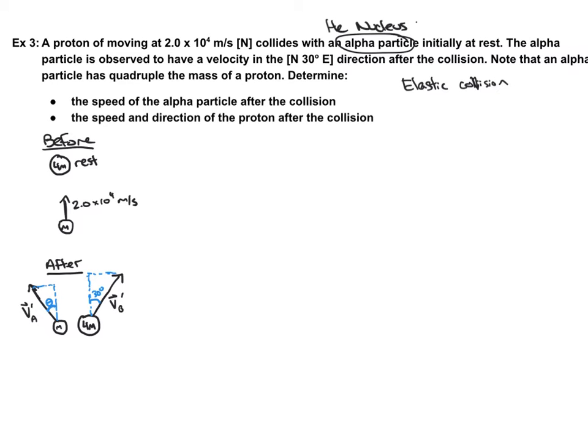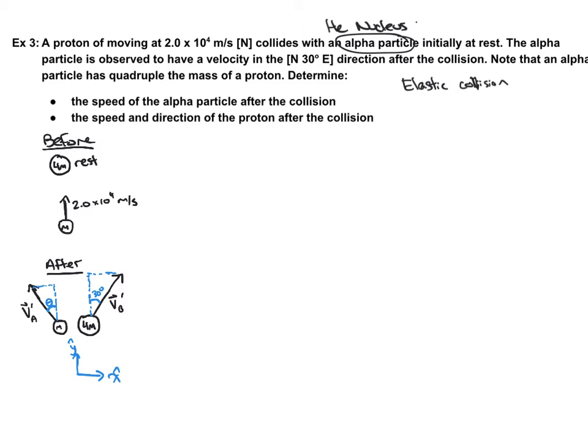Okay, so if I have essentially 3 unknowns, in order to solve it, I'm likely going to need 3 equations. How am I going to come up with 3 equations? It's going to be the conservation of momentum, but I'm going to analyze that in each direction, the x direction and the y direction. I'll say that east is my x direction, and I'll say that north is my y direction.